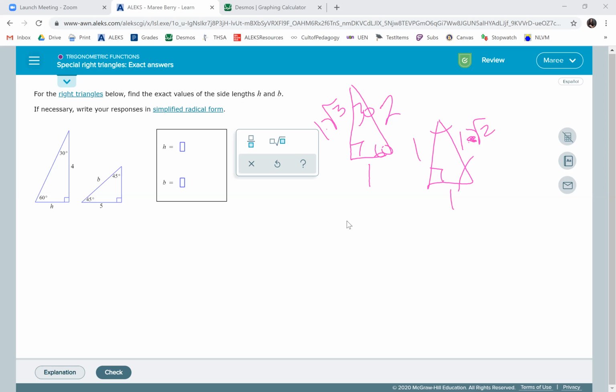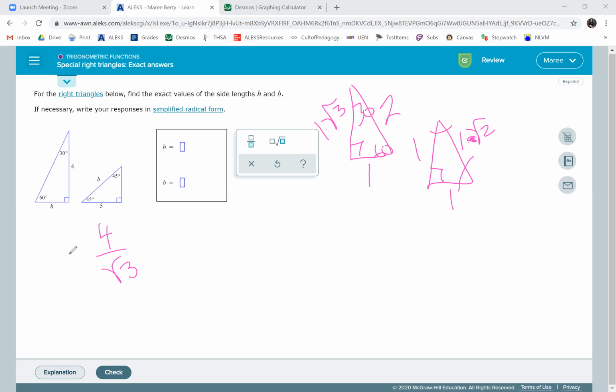So when we look at this problem right here, we have the long leg is 4. Because we take the short leg times the square root of 3 to get the long leg, we can just do 4 divided by square root of 3. Now, I don't like to have a square root in the denominator.